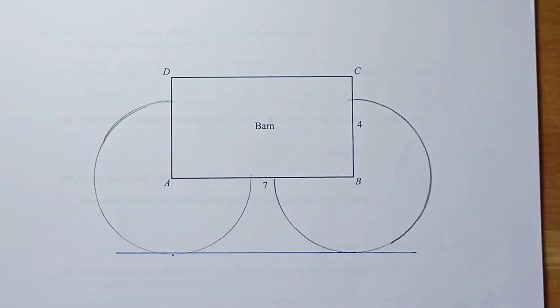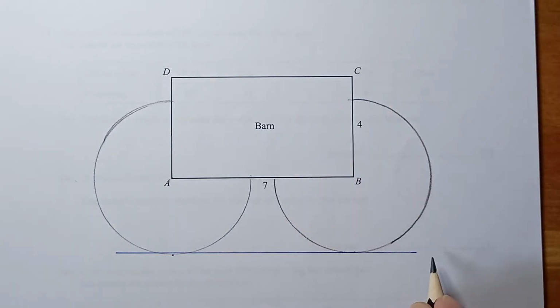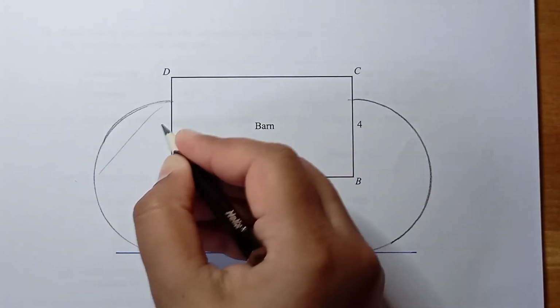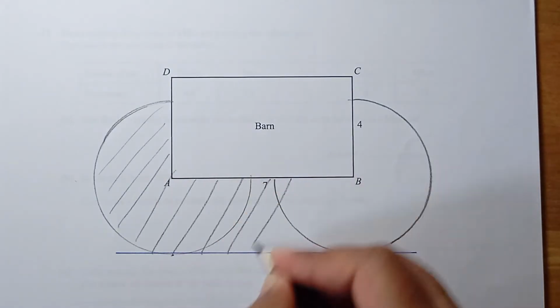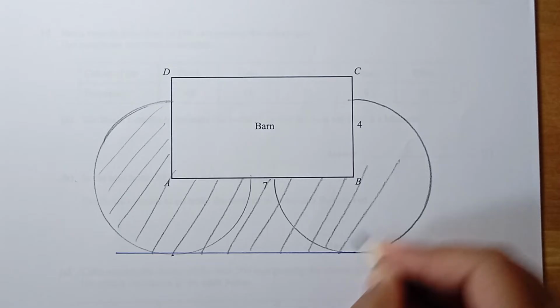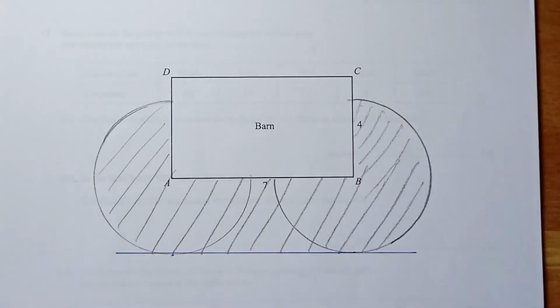So we need to shade the region where Jasper can go. The shaded region would be this, and this line. So this whole portion is shaded, and Jasper can move in this whole region.